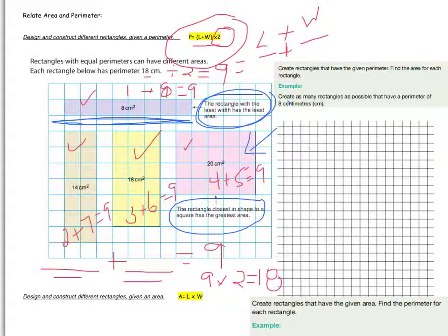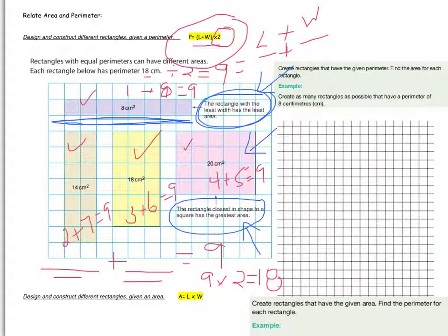That's a generalization that can be very helpful. If we're looking for a shape that has a small area, we want it to be long and skinny. If we're looking for a shape that has a large area, we want it to be more like a square, or as close to a square as we can get.